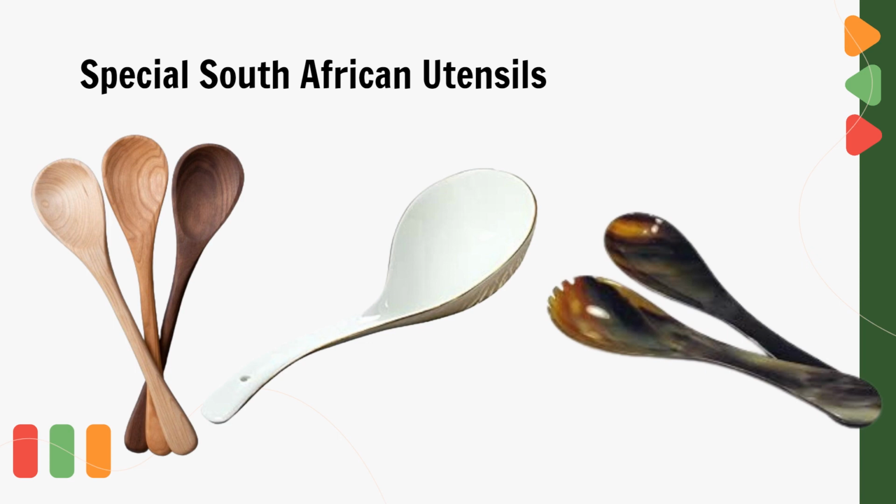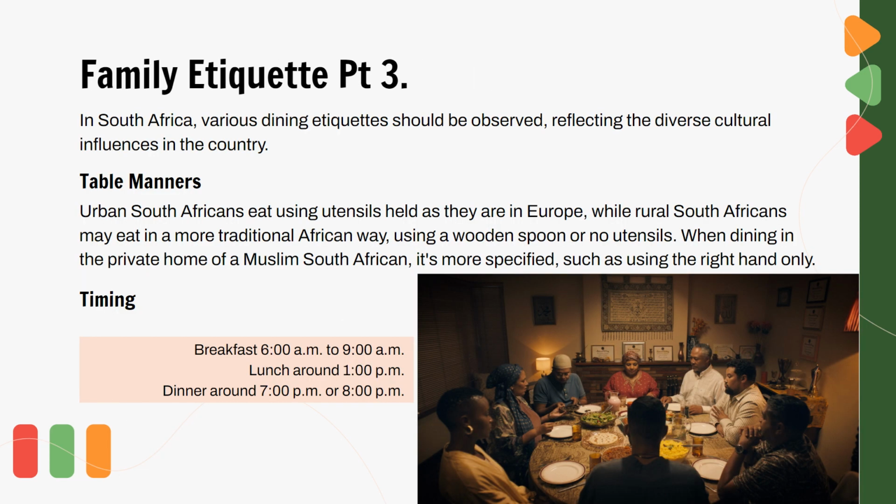Dining etiquette really depends on what region of South Africa that person is from, with urban South Africans eating using utensils and rural South Africans may eat in a more traditional way with a wooden spoon or just no utensils at all. But fun fact, when dining in a private home of a Muslim South African, it's more specific, such as using the right hand only to eat.